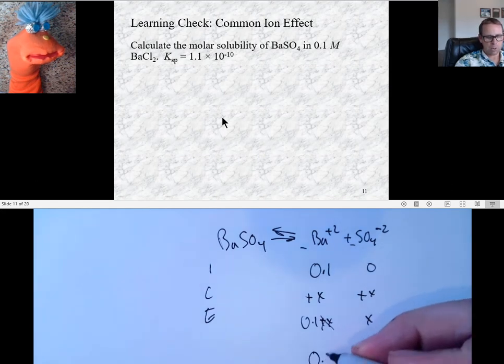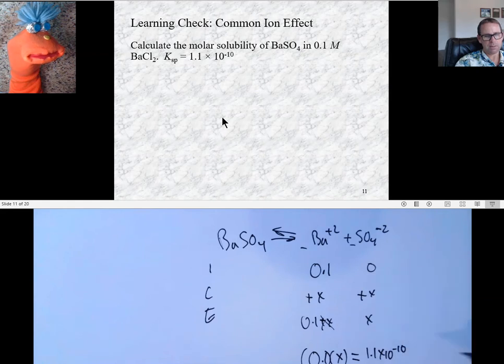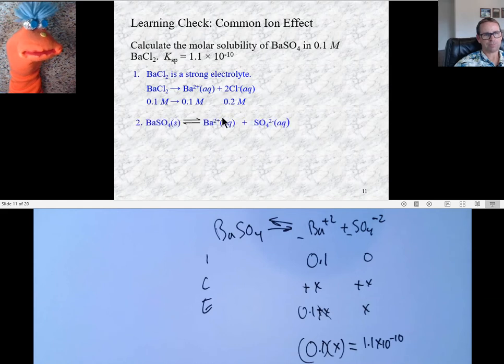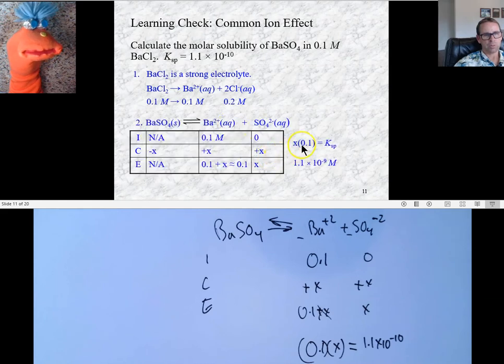So I got 0.1 times X set equal to 1.1 times 10 to the minus 10. And that's going to be pretty straightforward to solve there, right? 0.1 times X equals 1.1 times 10 to the minus 10, so 1.1 times 10 to the minus 9 is going to be my molar solubility of barium sulfate in this common ion solution.